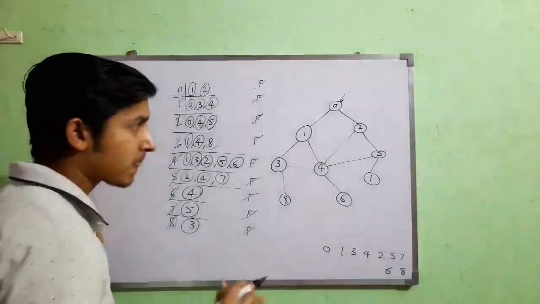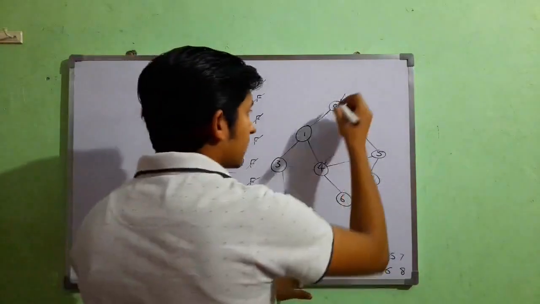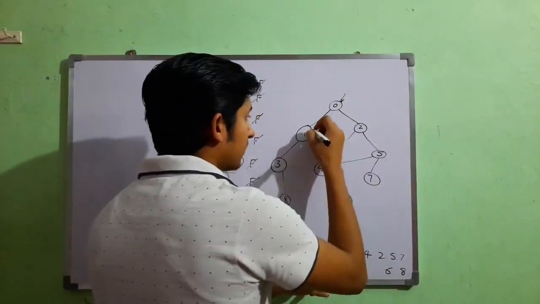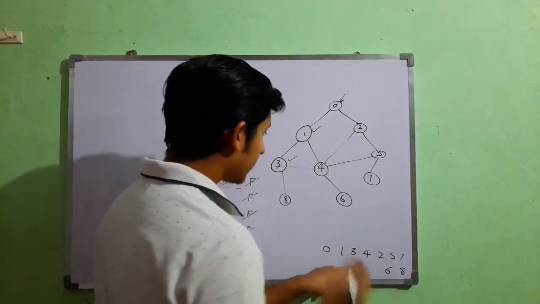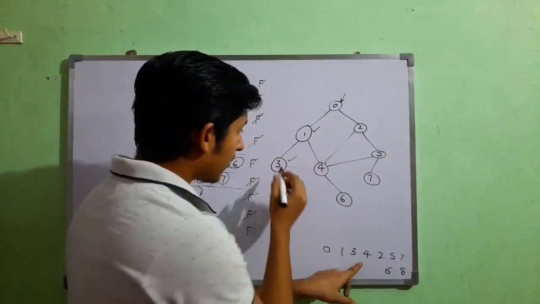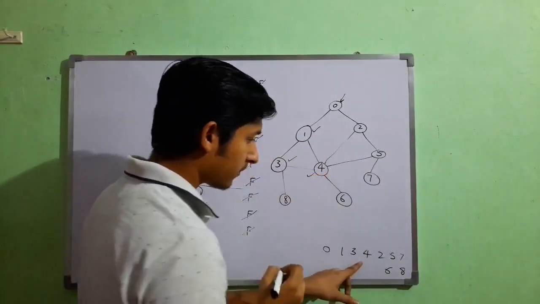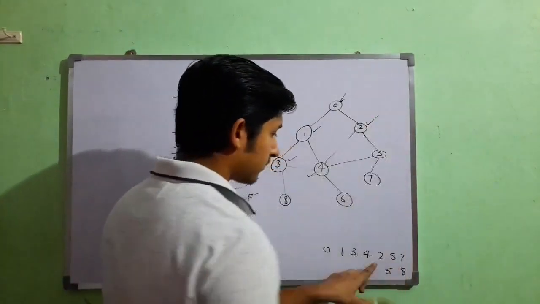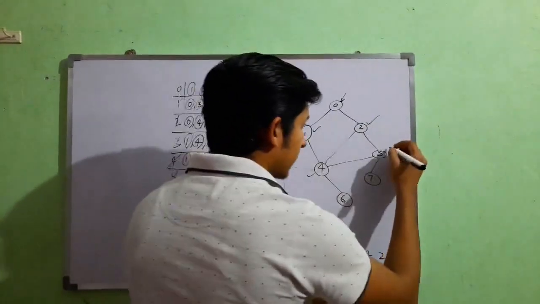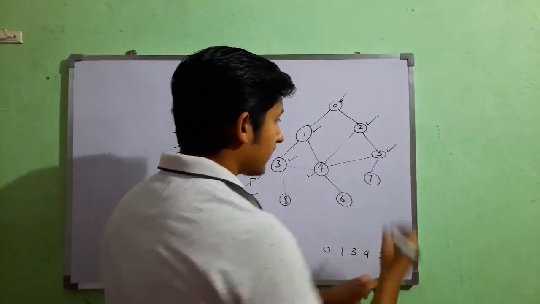Firstly I visited 0, then 1, then 3, first child only. Then 4 because 3 has first child 4. Now 2 because it has first child 2, then 5, it has first child 5, then 7.